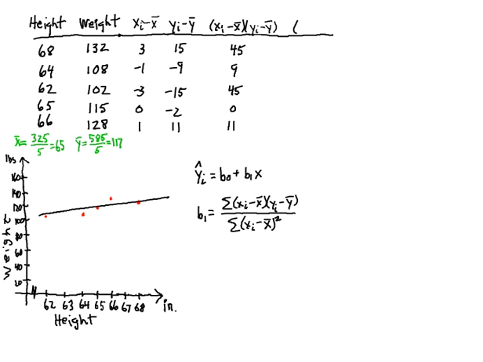I'm also going to need to find the x sub i minus x bar values squared for the denominator. So 3 squared is 9. Negative 1 squared is 1. And then I would have 9, 0, and 1.